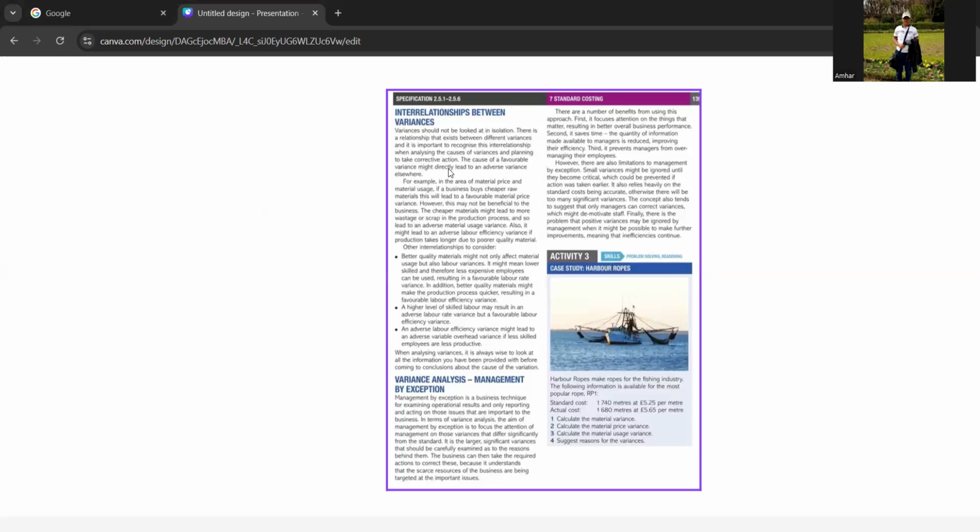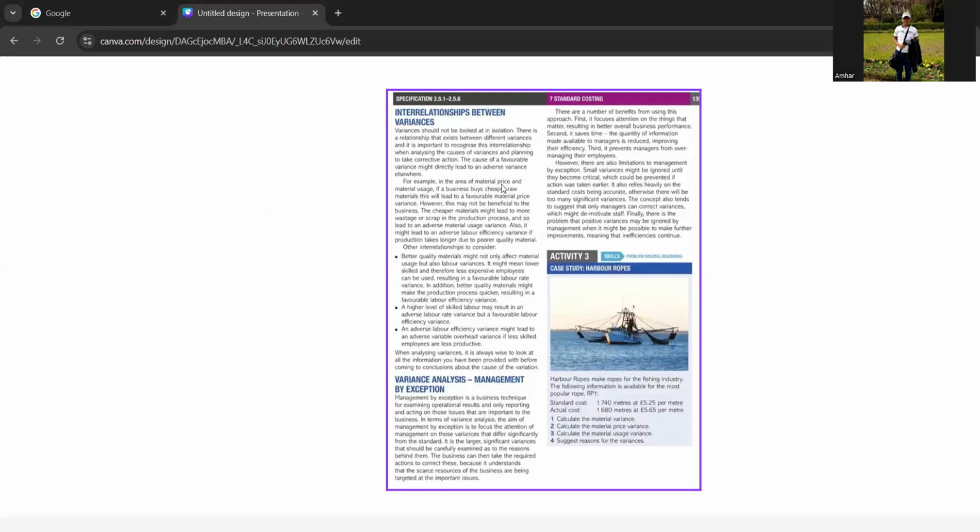The cause of a favorable variance might directly lead to an adverse variance elsewhere. Can you remember, direct material price variance might be favorable, and then direct material usage variance might be adverse. So some might be favorable, and some might be adverse also. It is important to know the interrelationship between the variances. Did you understand all that?